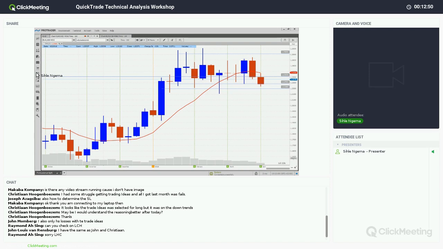If you are going short, you check where your resistance is, and you place your stop beyond your resistance. And if you are short, your take profit is going to be lower down, maybe at your next support area, that's where you should look to take some profits.